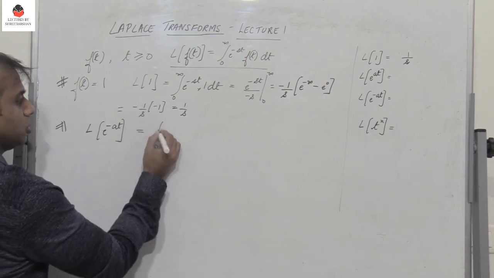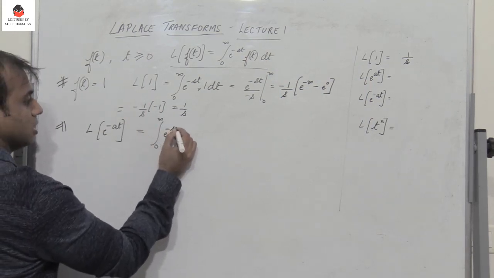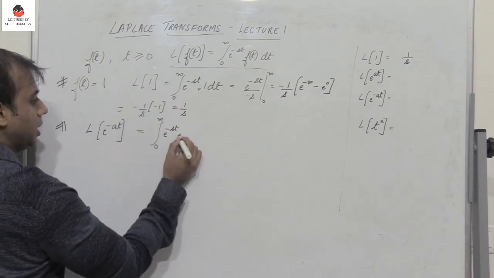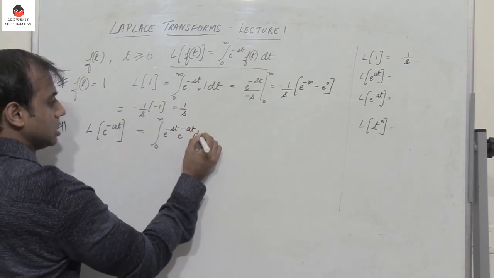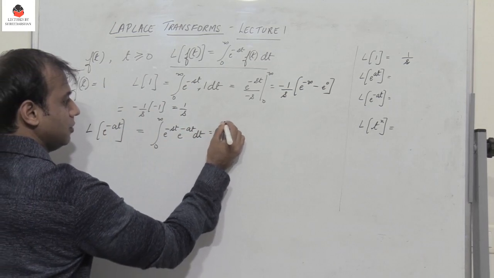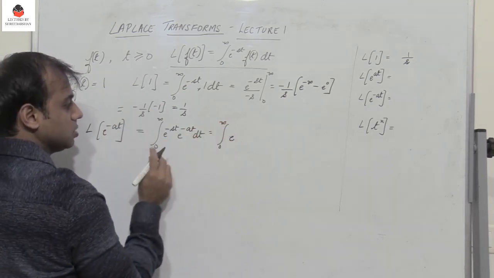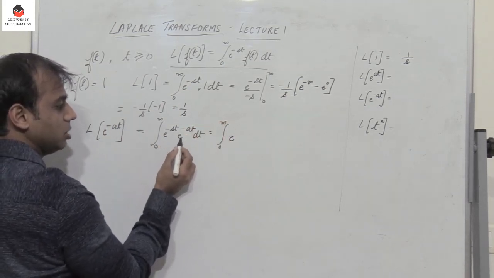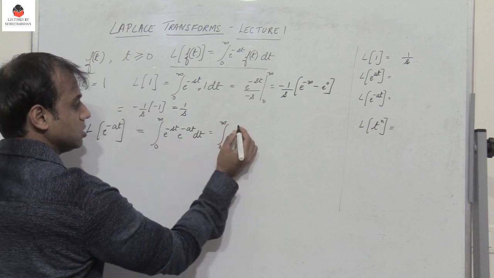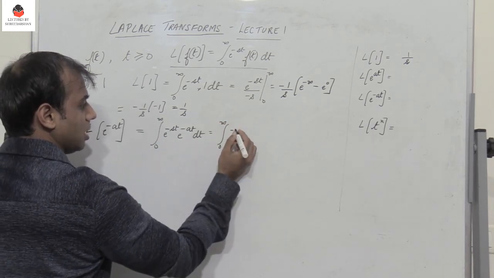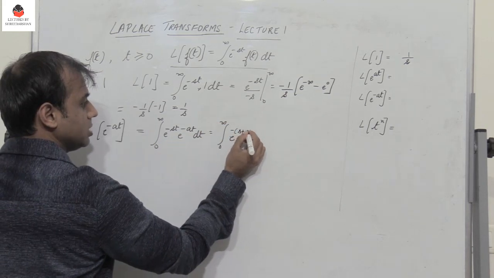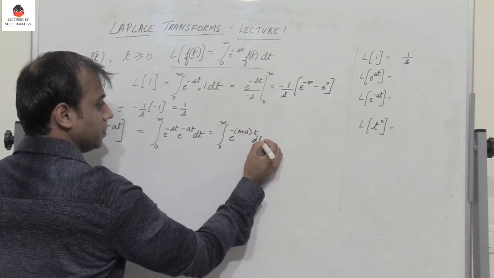So this is equal to integral 0 to infinity e power minus st. What is f of t? E power minus at dt, which is integral 0 to infinity e power. So we know that e power m into e power n is e power m plus n. So let's take minus sign common. So you have s plus a into t dt.